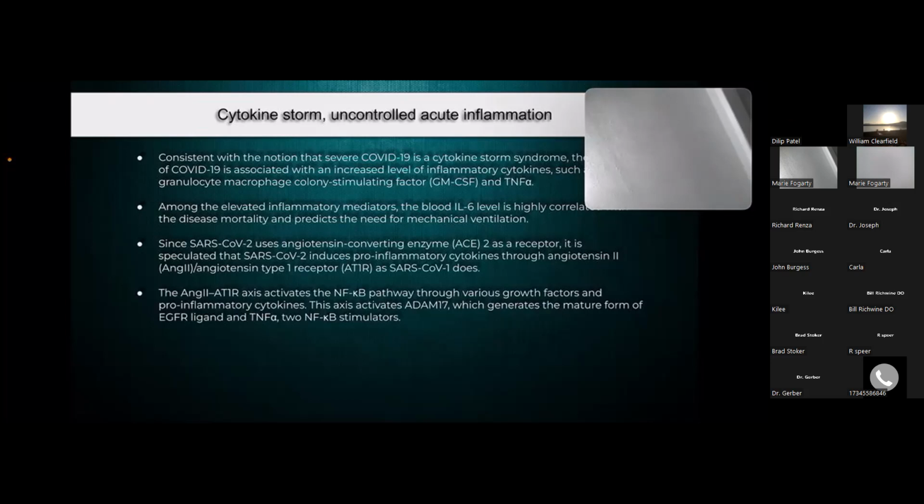We know that that's a disintegrin, it disintegrates the interleukin 6 receptor, allowing it to be soluble, attached to interleukin 6, and then travel and trigger other cells and continue this amplification process, which generates the mature form of the endothelial growth factor ligand.